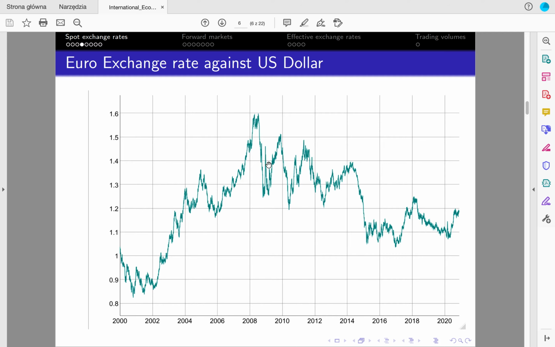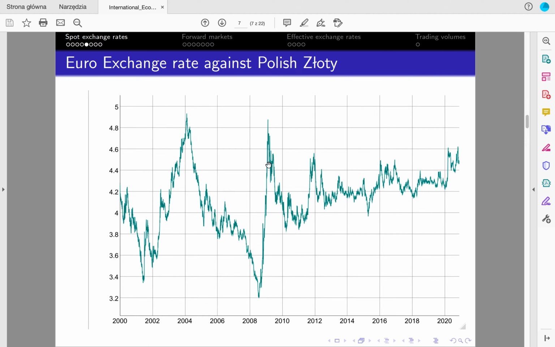This volatility in exchange rates is something that needs to be accounted for by econometric models and economic models that we are going to use to describe the behavior of exchange rates.